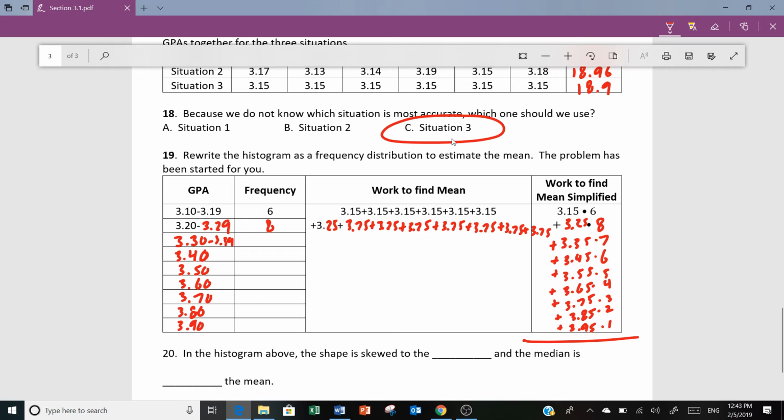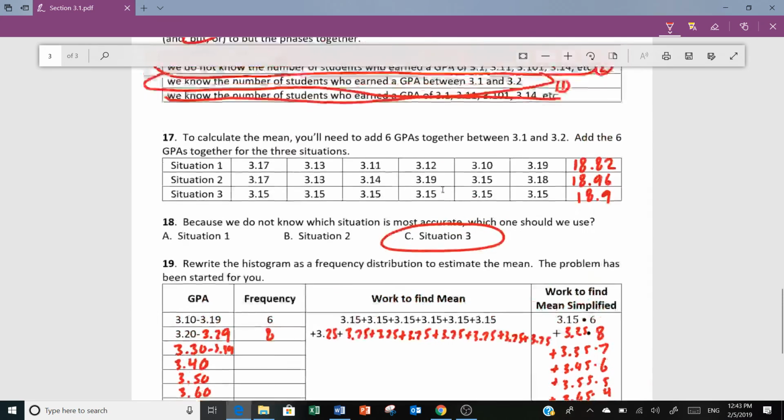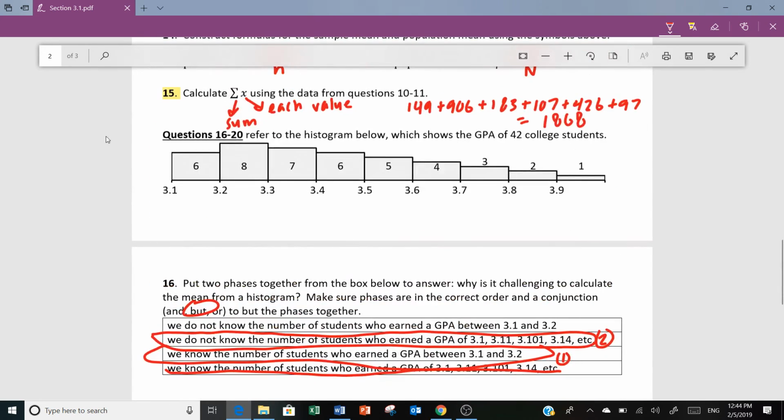Add them all together, you get 144.3, and then is that the mean? What happens when you add them all together? You have to divide by the total. How many people were there? There were 42 people. It says 42 college students.